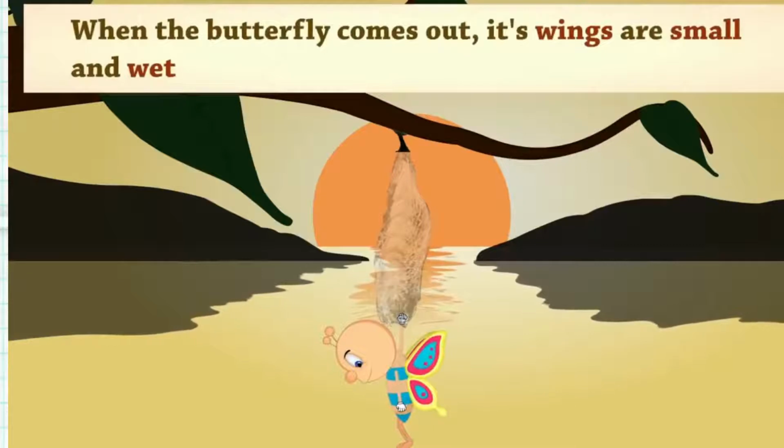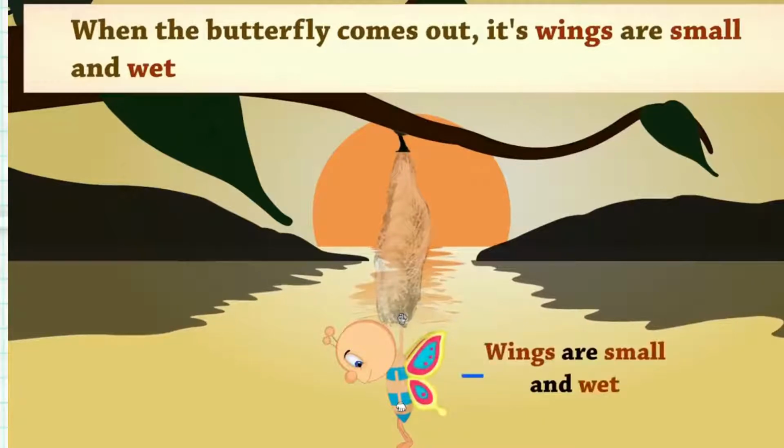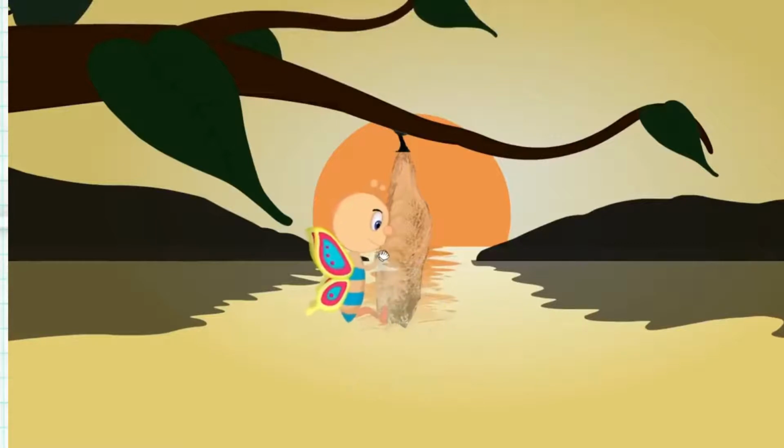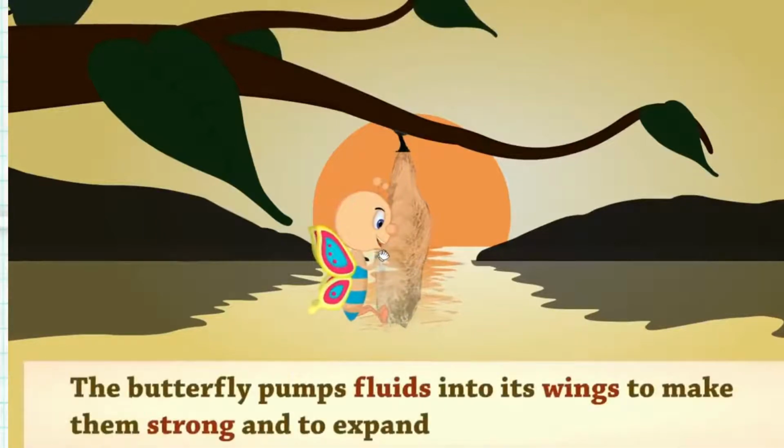When the butterfly comes out, its wings are small and wet. The butterfly pumps fluids into its wings to make them strong and to expand.